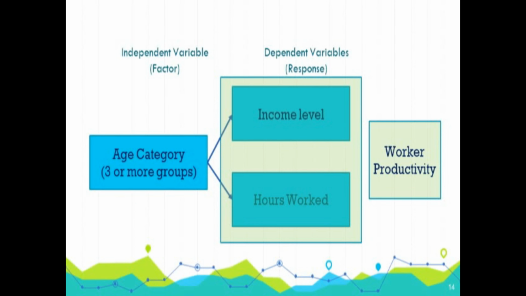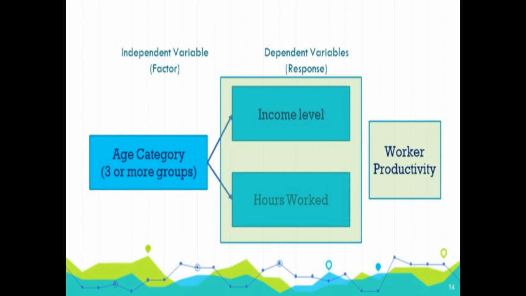Our analysis would involve the creation of a new DV, which would be a linear combination of our subjects' income levels and number of hours worked that maximizes the separation of our age category groups. Our new DV would then be subjected to a univariate ANOVA by comparing variances on the new DV for the various groups as defined by age category.